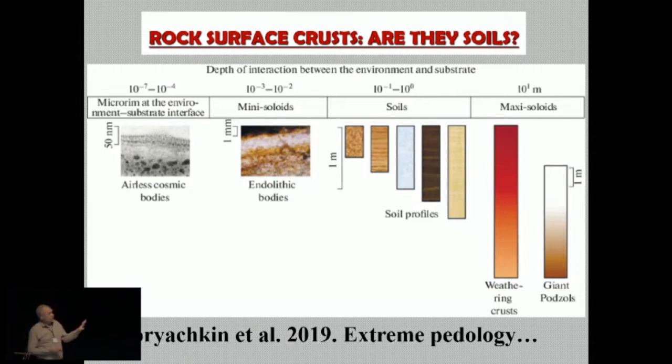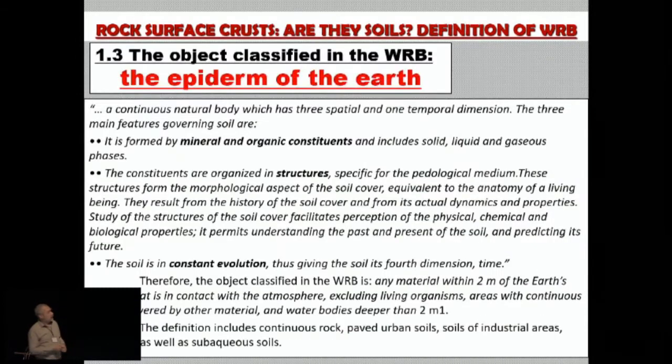But this is the general viewpoint, and what about classification in particular? I think that within the scope of this idea of the epiderm of Earth, these kinds of bodies could also enter into the classification scope because they in fact fit many of these demands expressed here as the definition of the object of soil classification.